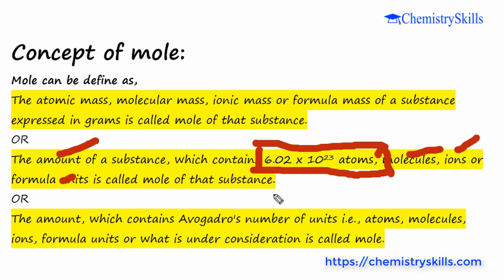Amount of a substance, very important guys. Any pure substance. Here, the amount of any pure substance, which can be atoms, molecules, ions, or formula units of ionic compounds.